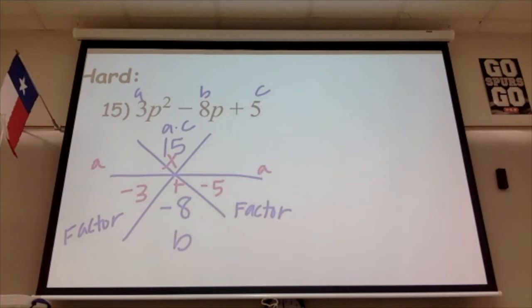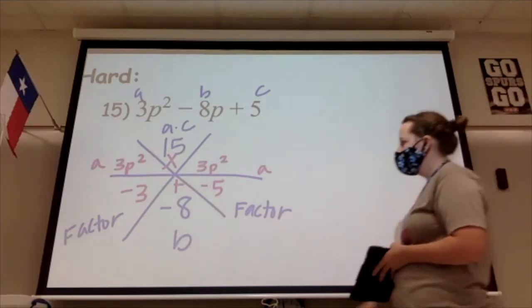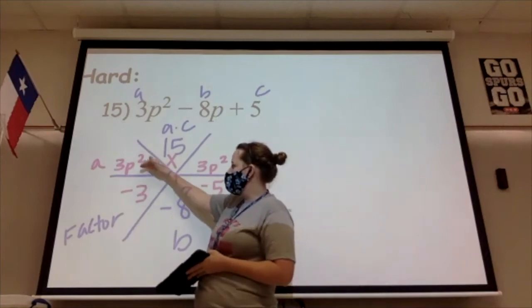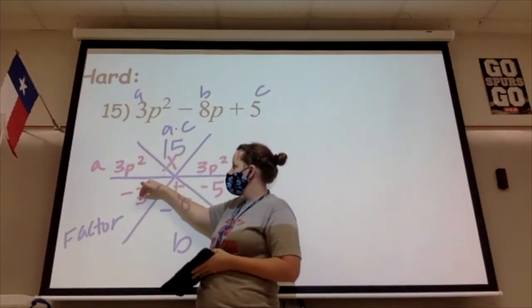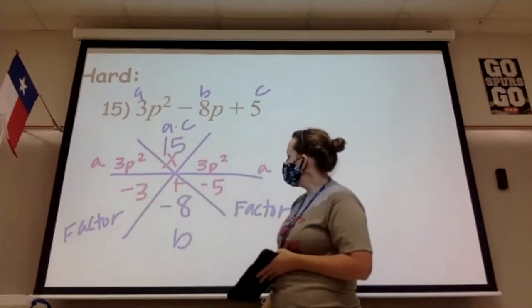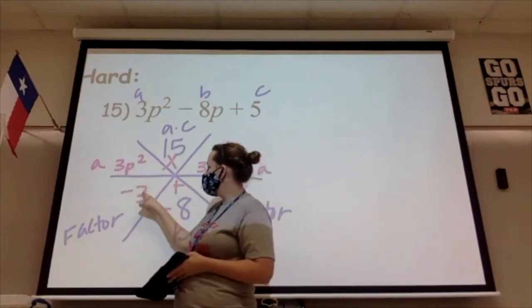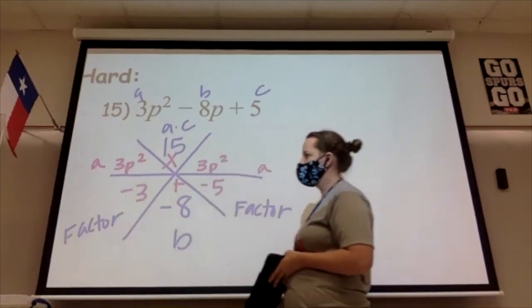On the top portion right here, I need my a. So what is my whole a term? 3p squared. Okay? Before we write our term, you're looking at this piece right here as a fraction. So is there anything, and we're just looking at the coefficient, that reduces?